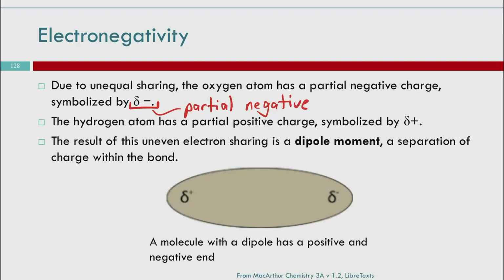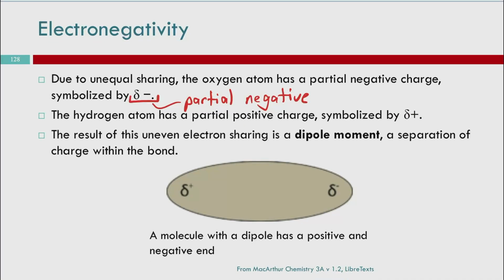It's not a complete negative charge because it hasn't stolen the electron. It's just that it's closer to it most of the time, and so on average, it's a little bit more negative around the oxygen. The hydrogen atom, on the other hand, since it's lost some of the electron density, has a partial positive charge.